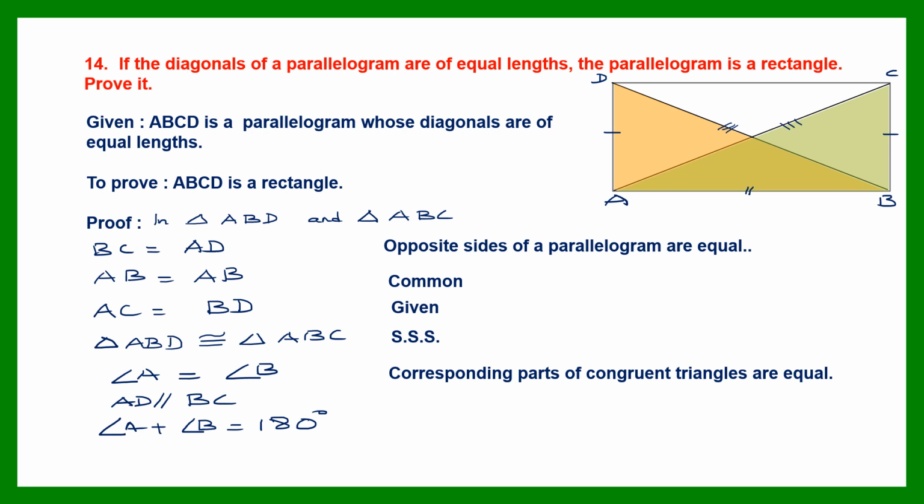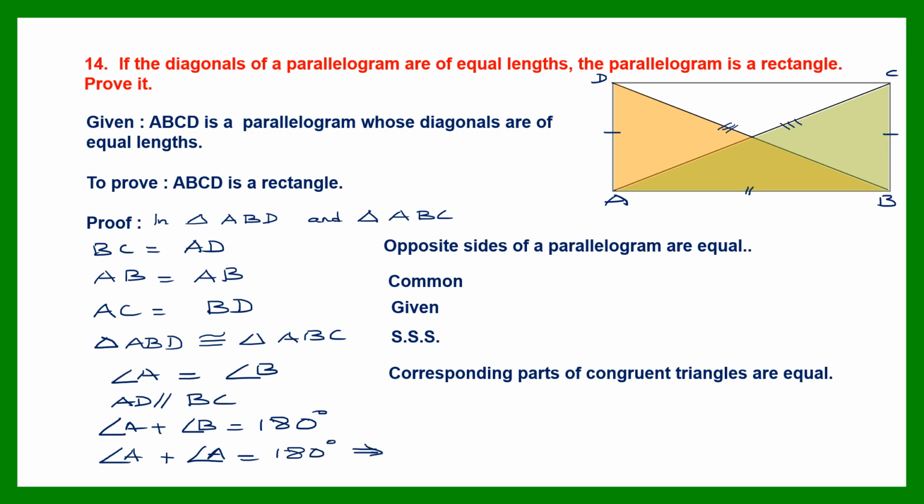Now here what we can do is, instead of writing B here, we can write A. How can we write that? Because here it says B is equal to A. So we can substitute and say angle A plus angle A, we are writing A again because B is equal to A, is equal to 180 degrees. So now we can continue and try to solve this.